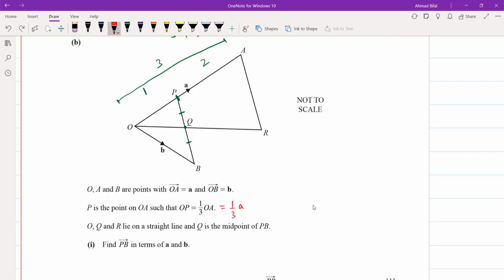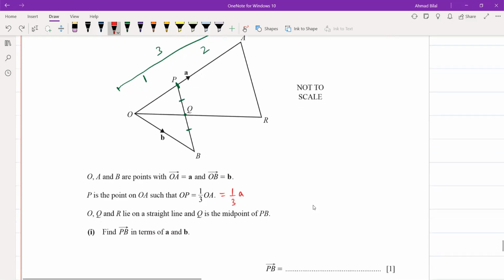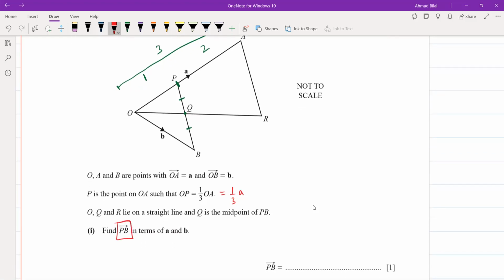OA की जगह हमने a input कर दिया, so we have this value of OP as well. We have to find PB. So let's look at the figure. How can we start at P and end at B such that on the path जो vectors आ रहे होंगे वो हमें पता होंगे.